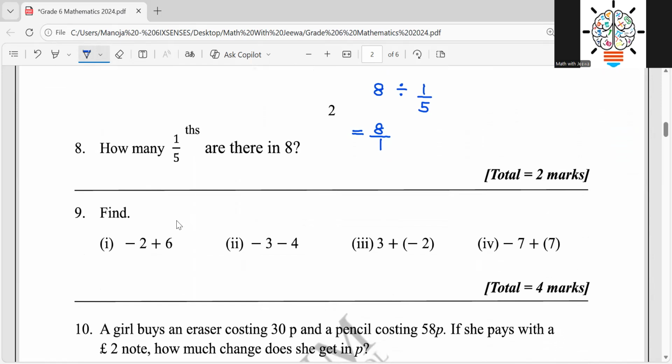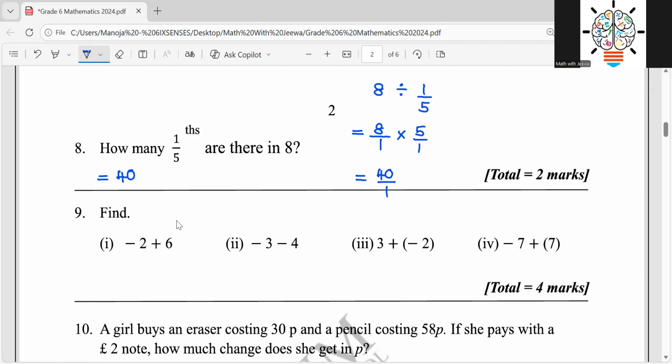Then I convert this division into multiplication. When I convert the division into multiplication, I get the reciprocal of the next fraction, that becomes 5 over 1. So then the final answer, 40 over 1. So then you write 40 1/5 are there in 8.